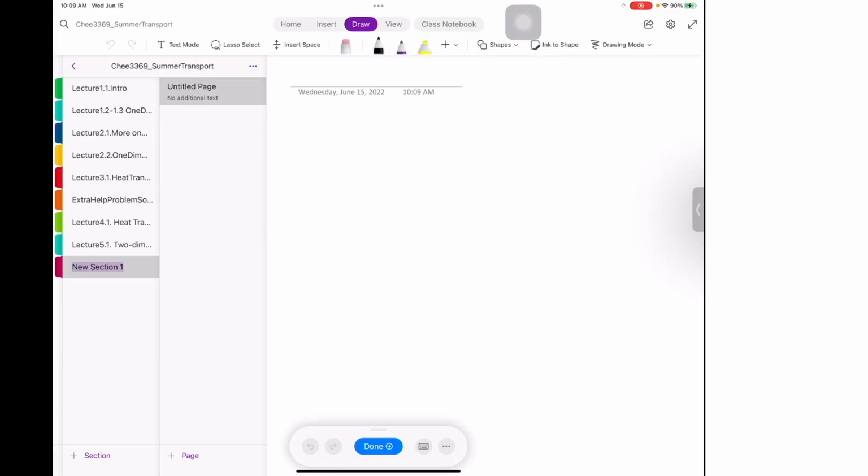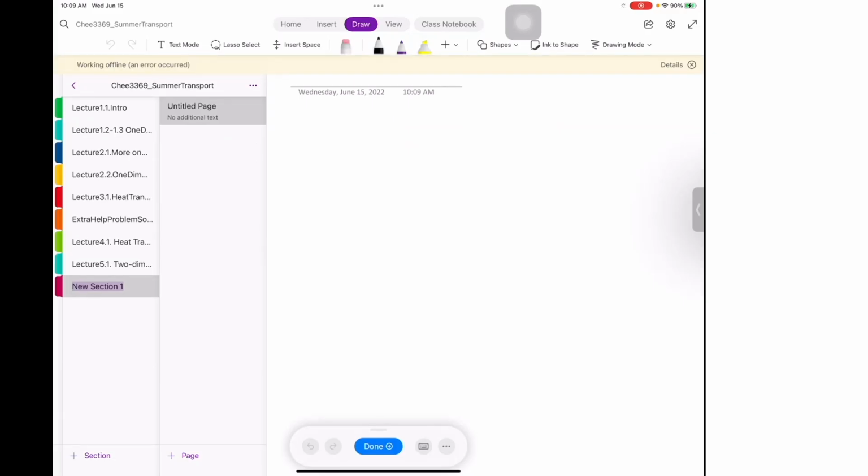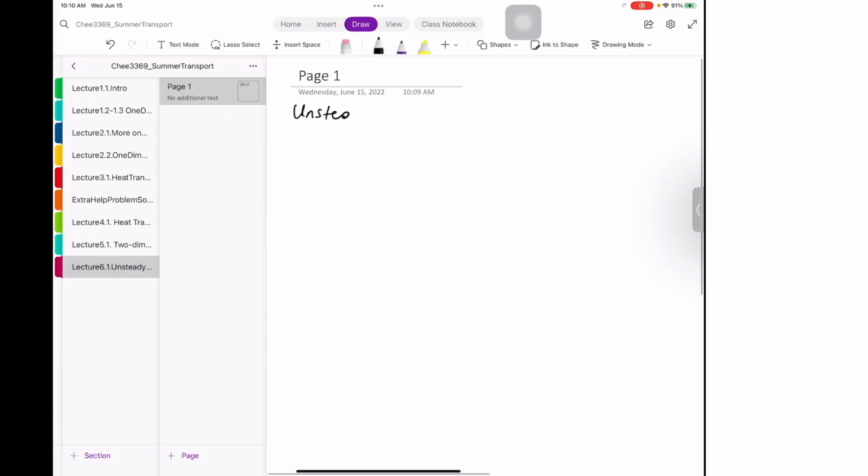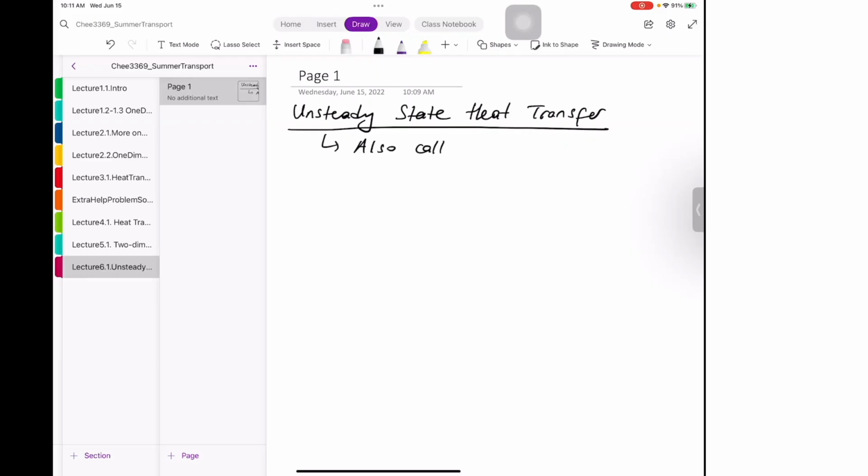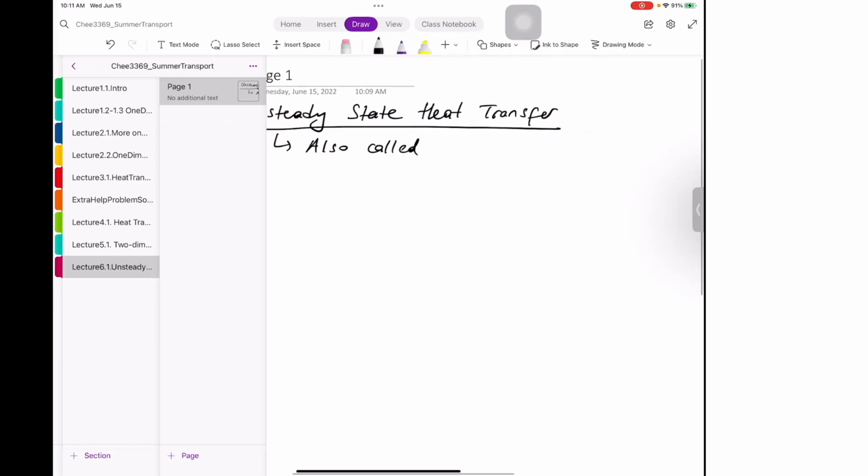Today we're going to start talking about unsteady state problems. Unsteady state heat transfer. It's also called transient heat transfer.